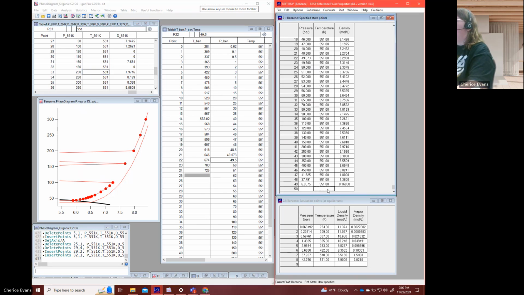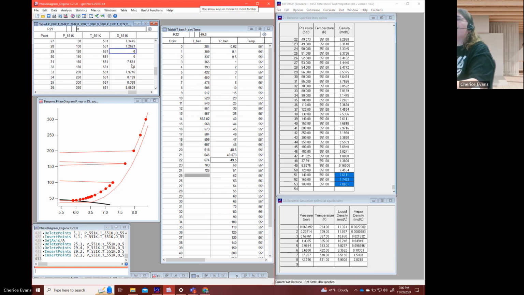So that smooths that back out again and steps by 20.